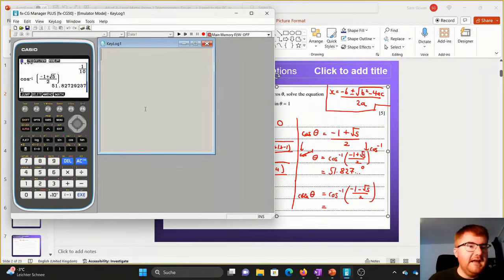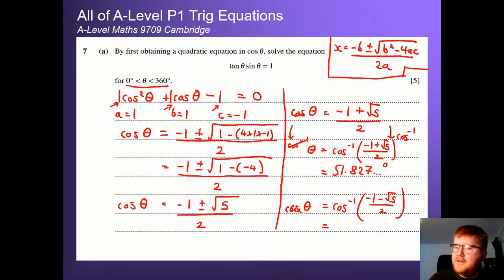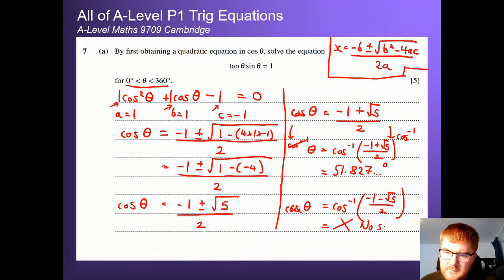This time we want a negative, so we go inverse cosine brackets minus 1 minus root of 5 over 2, and press the enter button, and we get a non-real error. That is very important. So this one here actually has no solutions because it probably goes beyond minus 1, I'm guessing. So this one has no solutions, which is important. So we can discount the negative one.